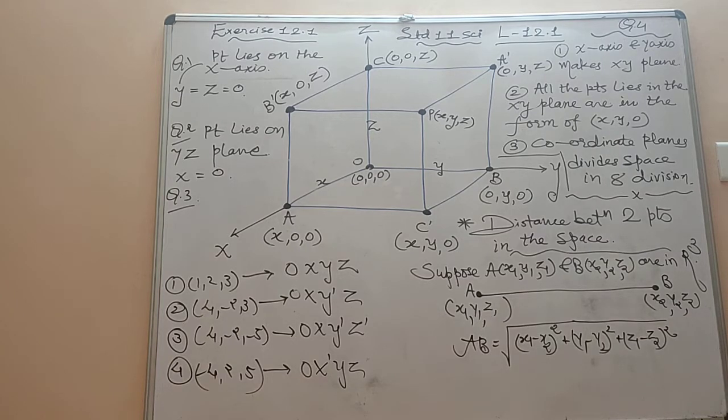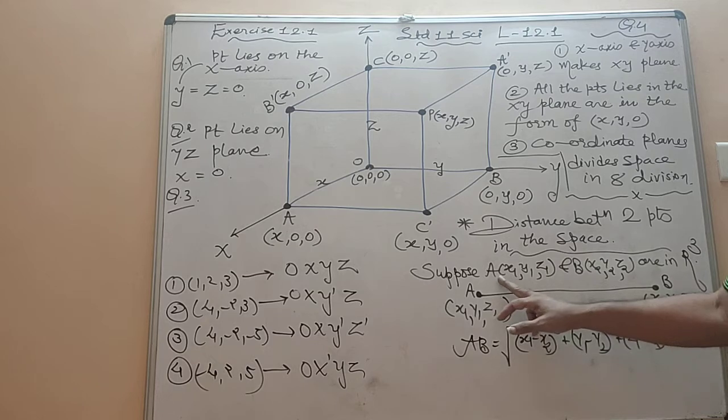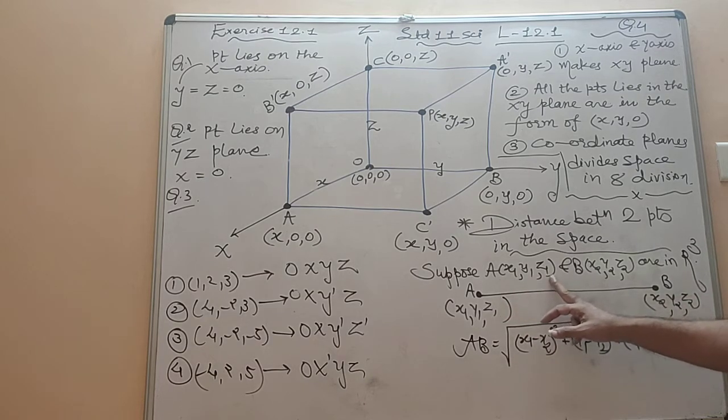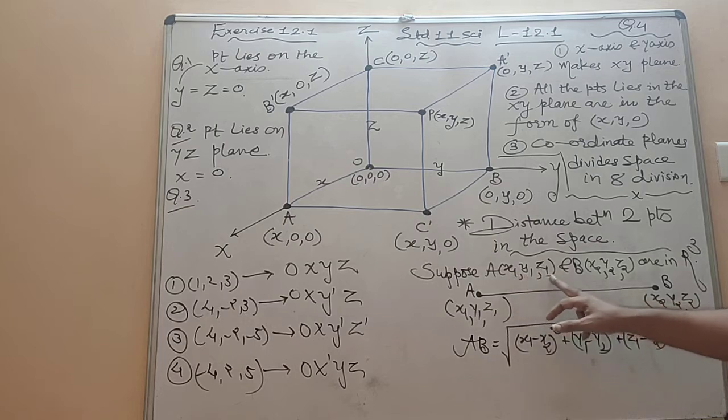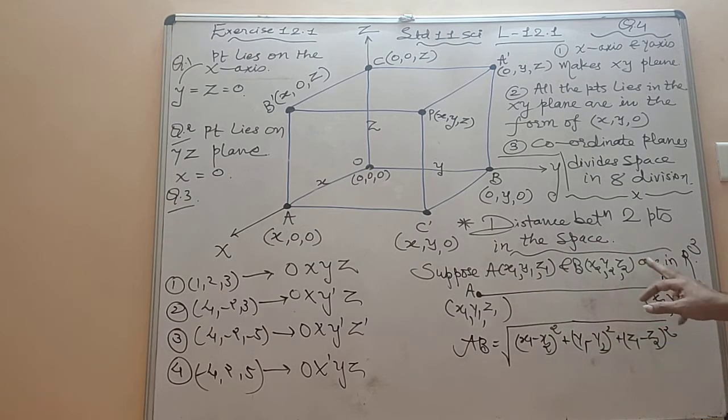And the next topic of this chapter is distance between two points. Suppose A x1, y1, z1, three coordinates are there in three-dimensional geometry. x1, y1, z1 and B x2, y2, z2 are in R cube. So A point is here and B point is here.